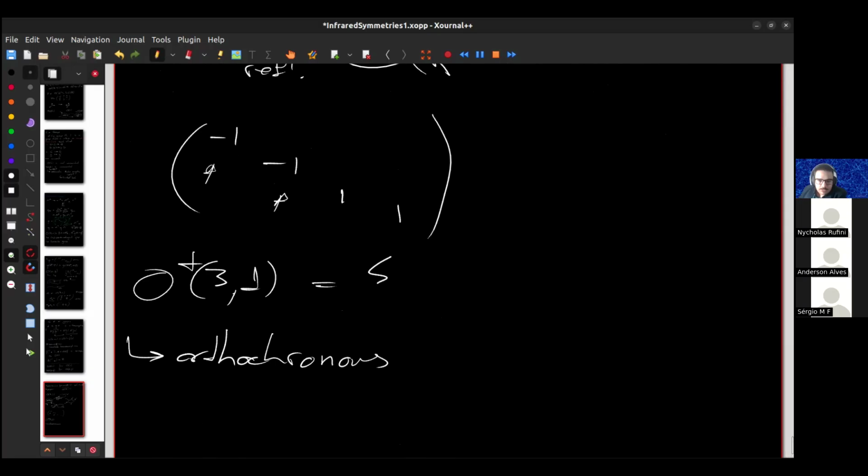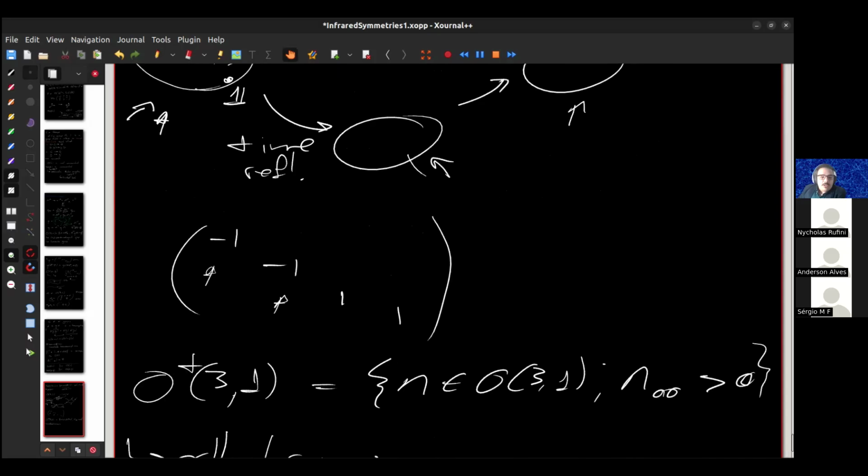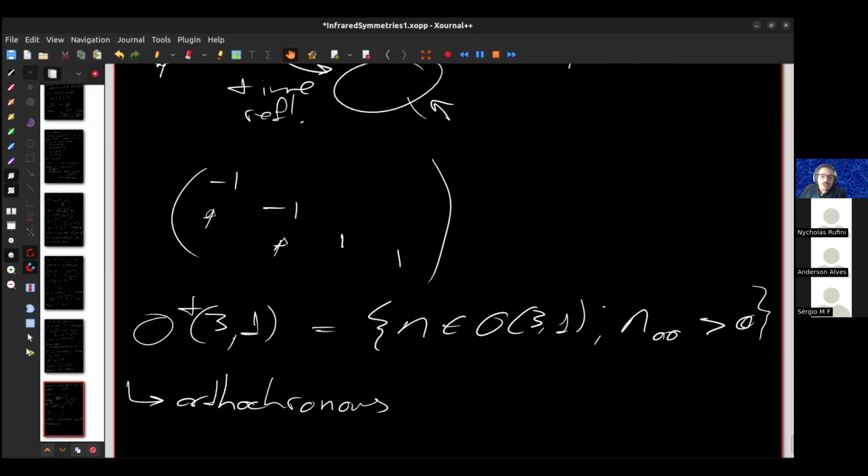And this guy here is defined as lambda in O(3,1) such that lambda 0,0, the first entry, is positive. It doesn't need to be 1, it can be any number. The only restriction I'm making is that it is positive. And you can show that it can never be 0. So we actually are imposing this restriction here.